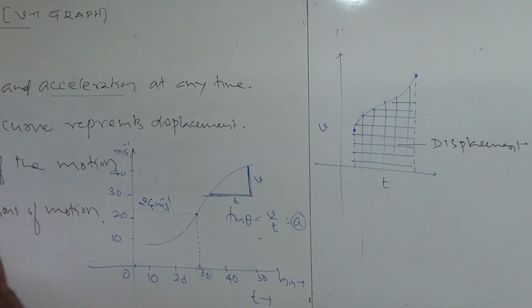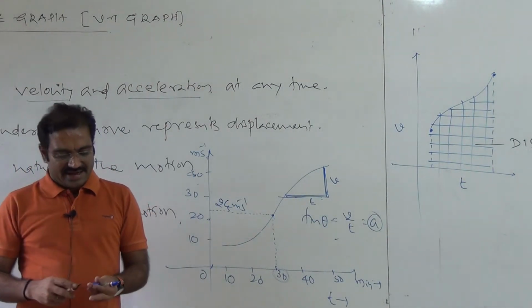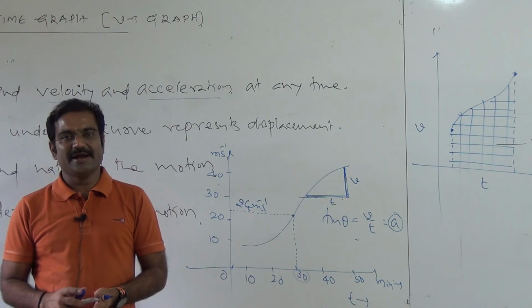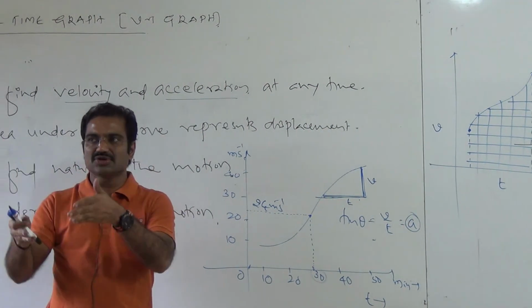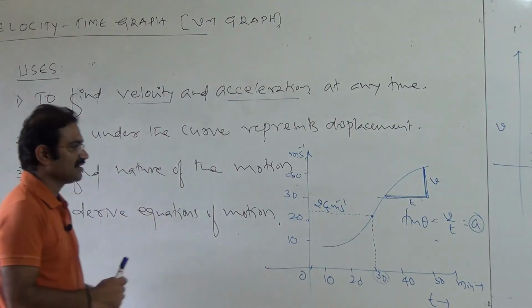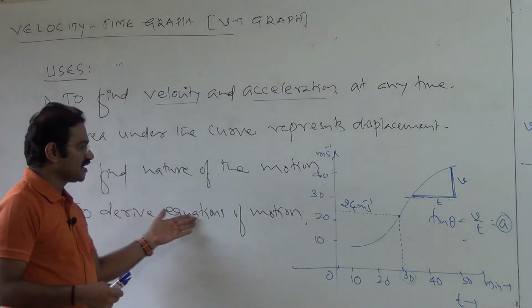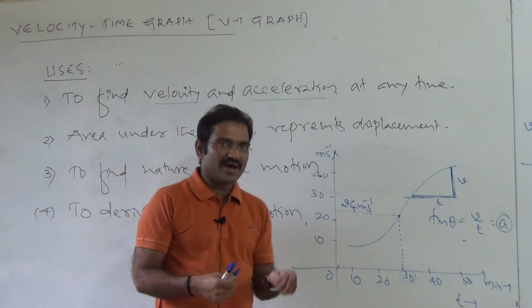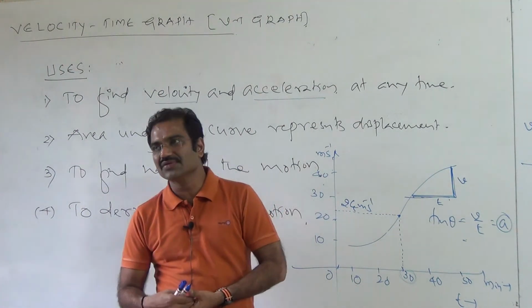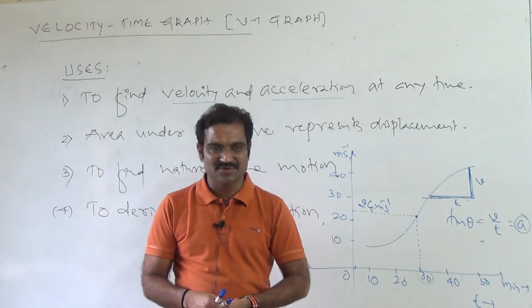The third one is to find the nature of the motion. In the beginning I explained that nature of the motion means that by observing the graph one can tell whether the body is at rest or has increasing acceleration or not. The last one is to derive the equations of the motion. Now I am going to explain how the velocity time graph can be used to derive the equations of the motion.